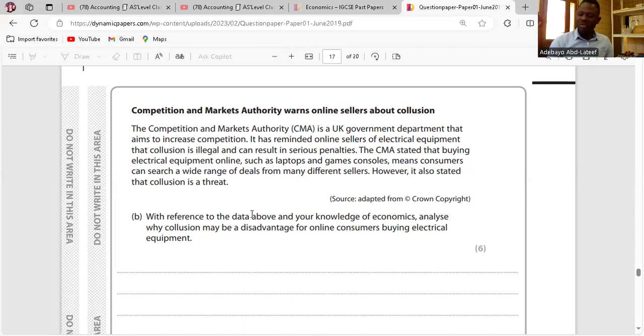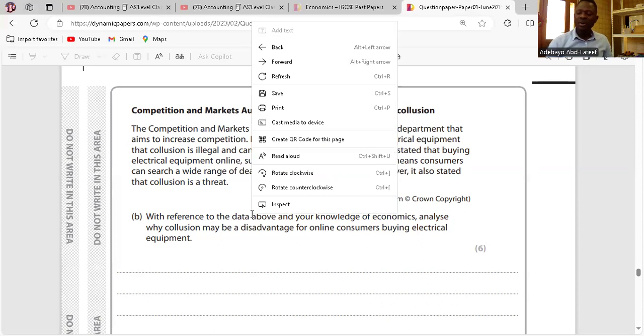Two, collusion reduces choices for consumers. As a result, they have to pay higher prices for electrical appliances or equipment, reducing their disposable income. Clear? Third point: collusion means online electrical equipment firms may restrict supply. Say there are two large firms in Libya. One might choose Tripoli, one might choose Misrata.